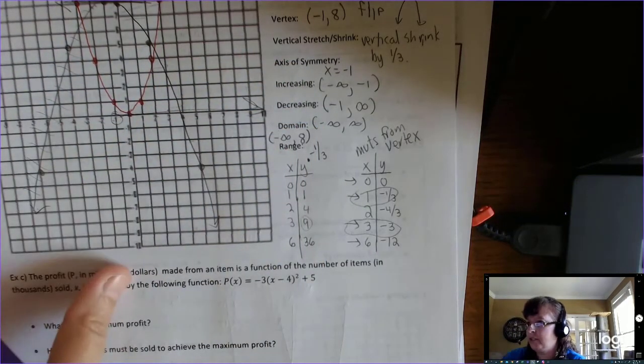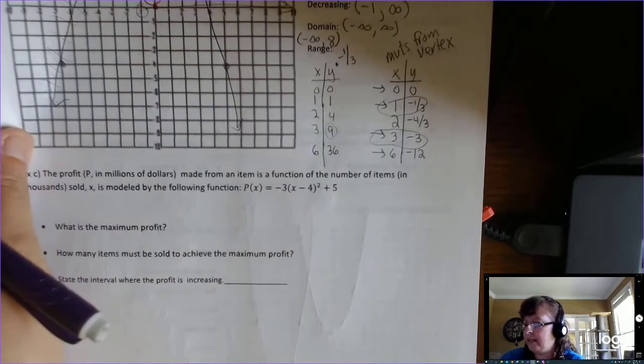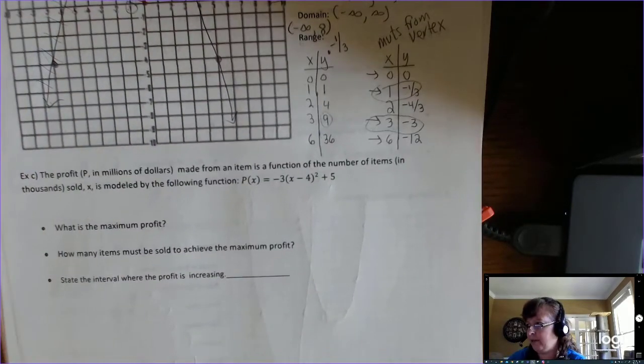All right, let's finish this up by looking at the word problem that I have here. It says the profit P in millions of dollars made from an item is a function of the number of items in thousands sold, x. It's modeled by the following function: P of x equals negative 3 times (x minus 4) squared plus 5.